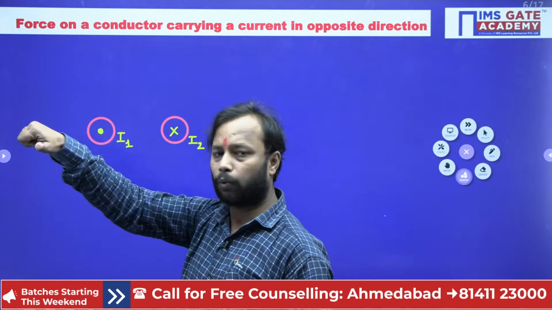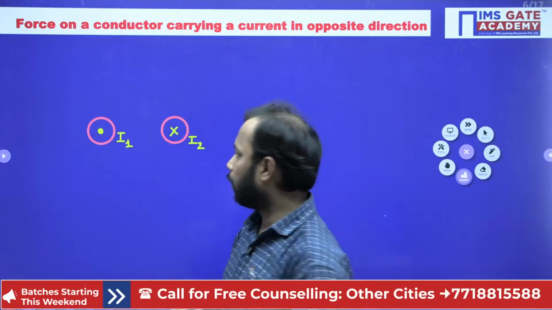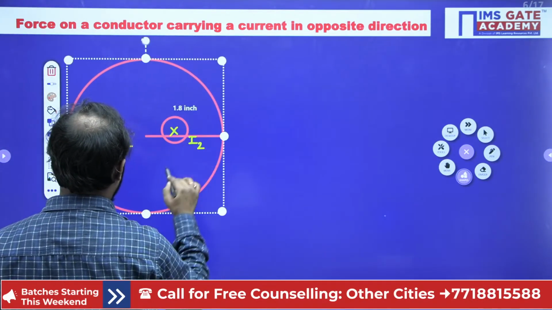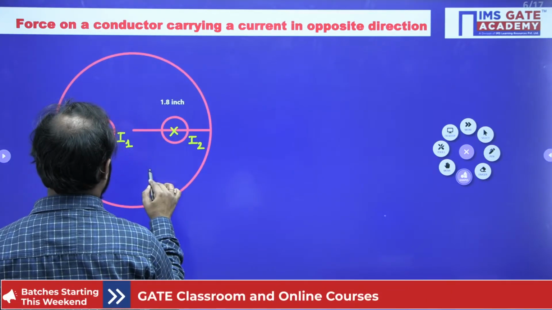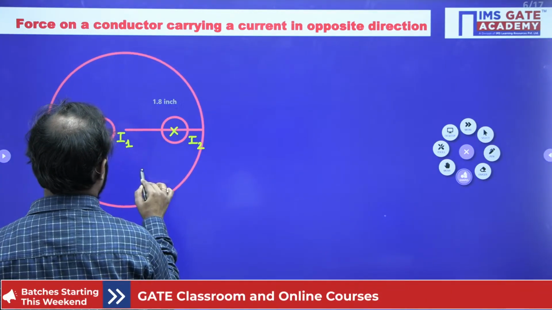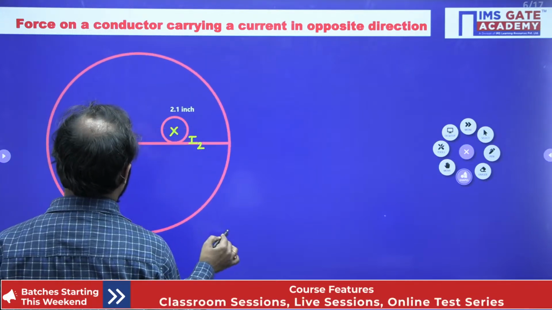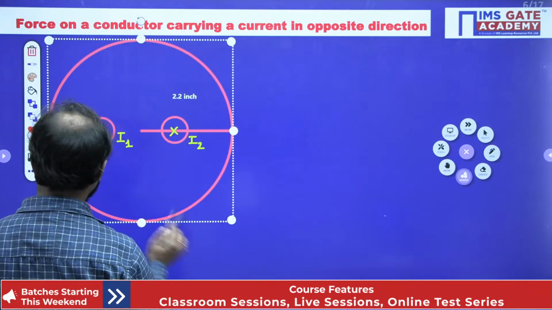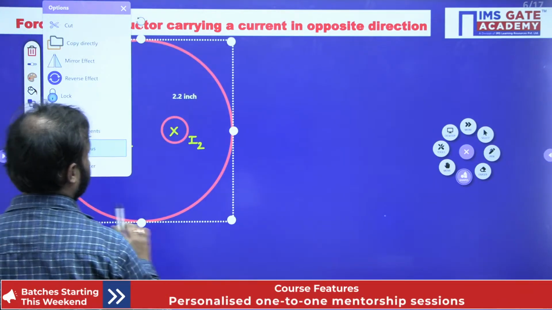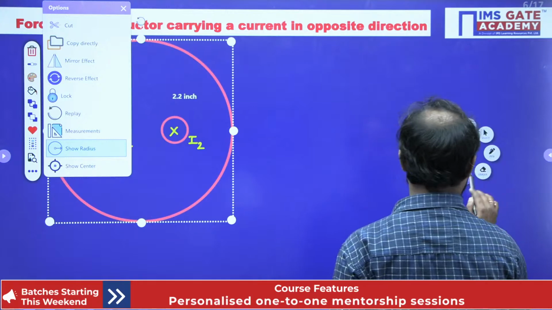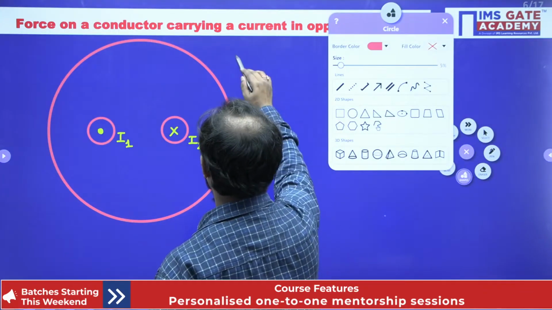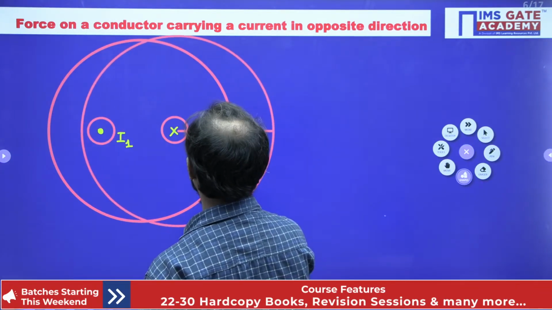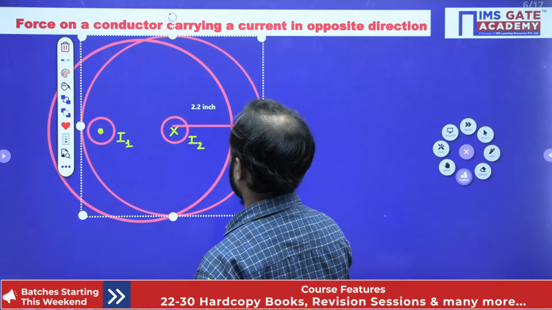See, this is outward, curl the fingers, it is going to give the magnetic field in the anti-clockwise direction. Similarly for this I2, just a second, let me draw it.